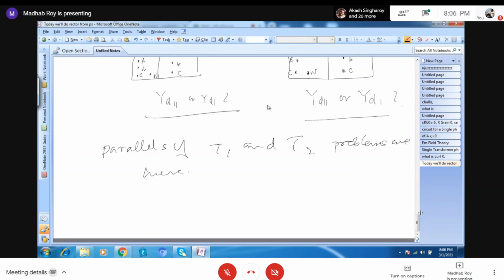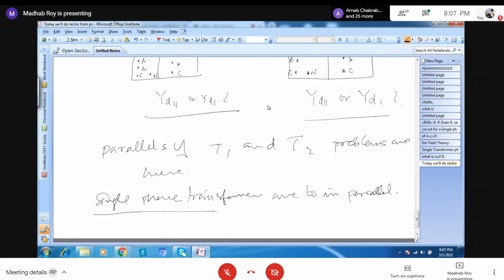Suppose we want to put two single phase transformers in parallel. Single phase, as your laboratory is not going on, so that's why it has become very problematic.